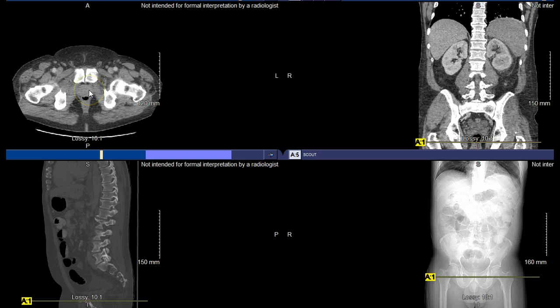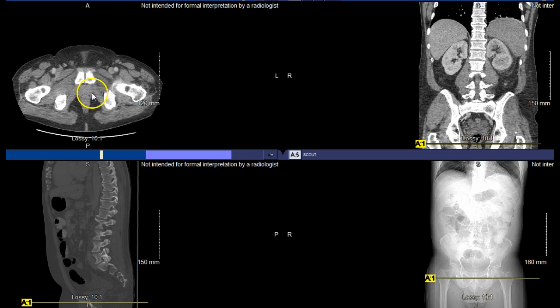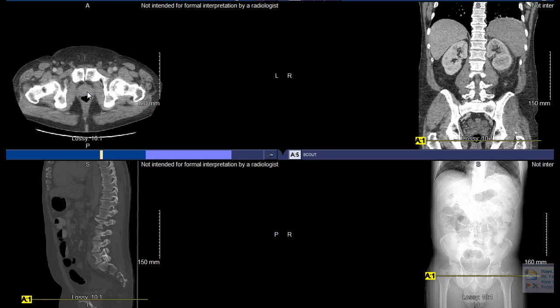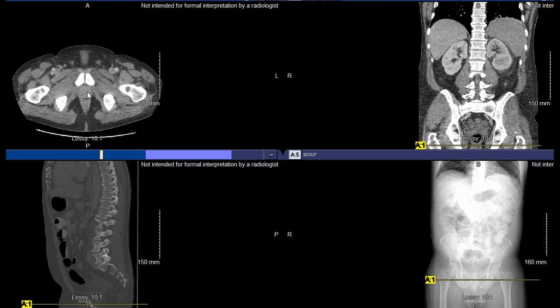As we continue to go down, you can still see the prostate gland. This patient's prostate gland is actually relatively small, but if you use a little bit of your imagination, just remember that the urethra is right in the center aspect of that region. So you can see that there respectively.